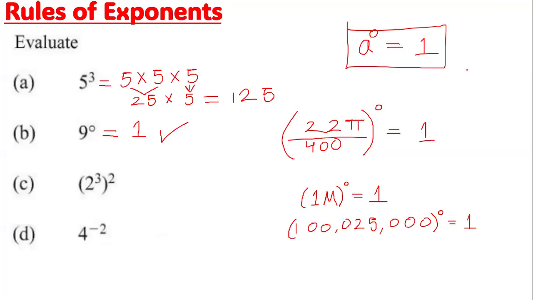Let's find that person who never be listening. Joseph Culmer. Hello, Joseph. How are you doing? I'm good. What is 3,000 to the power of 0?